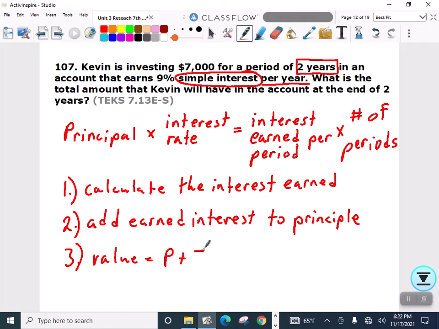The value equals the principal plus the interest, the total amount of the interest.